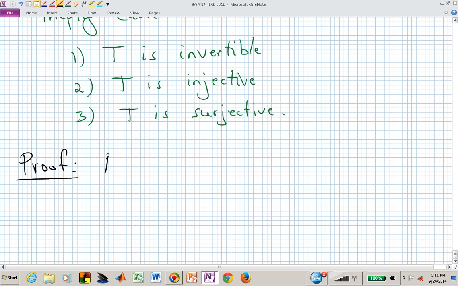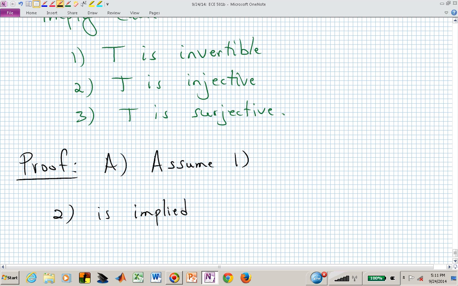Proof. In A, let's assume that we have an invertible operator. Well, if we have a linear map that's invertible, we know it's injective and surjective, so 1 actually implies 2.